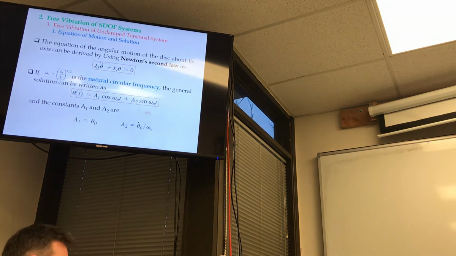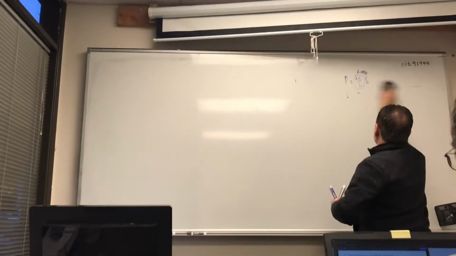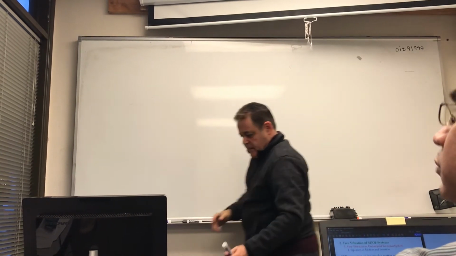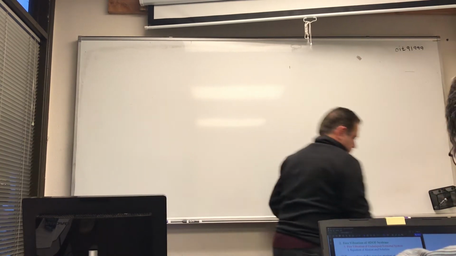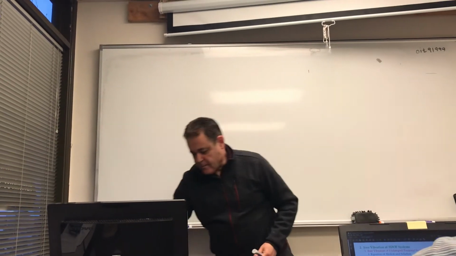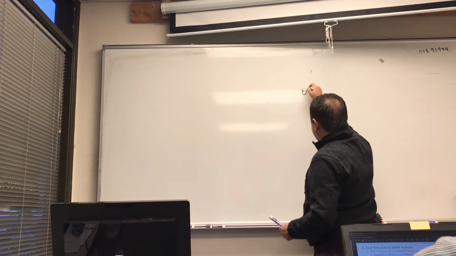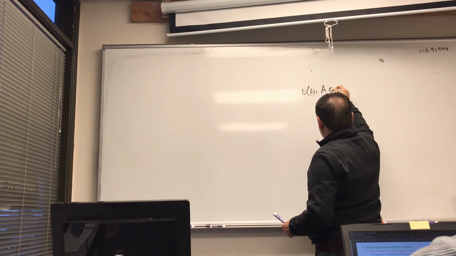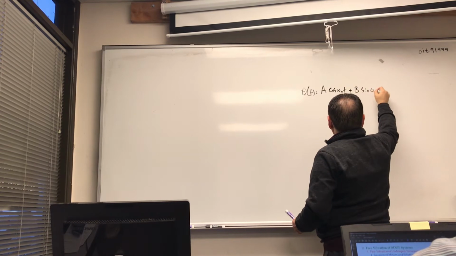If you look at this form of the solution, theta of t is the general solution, which is a cosine omega n t plus b sine omega n t.